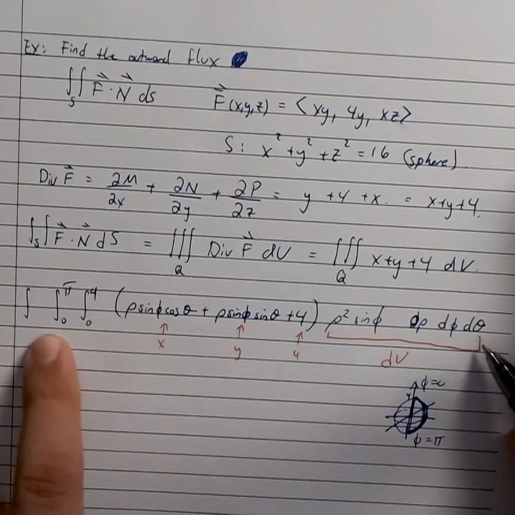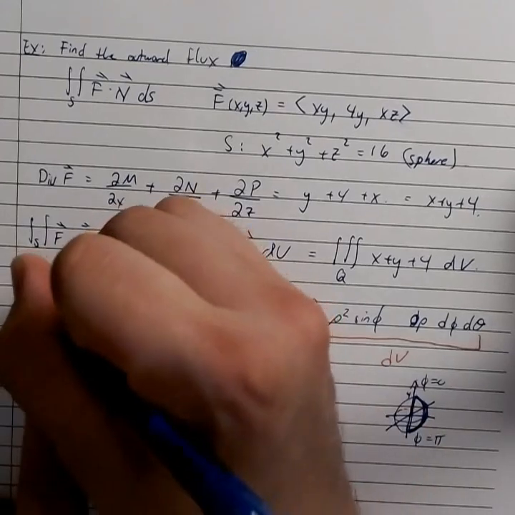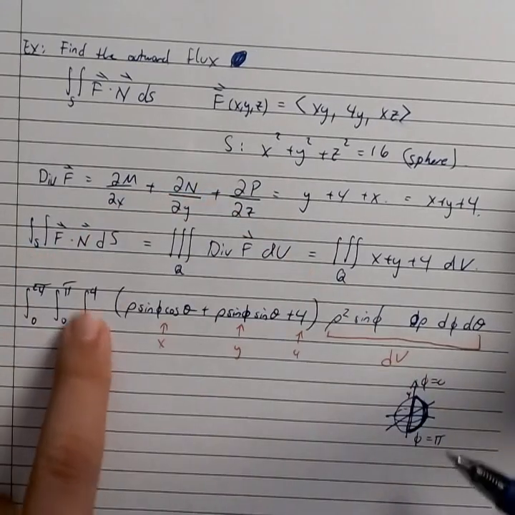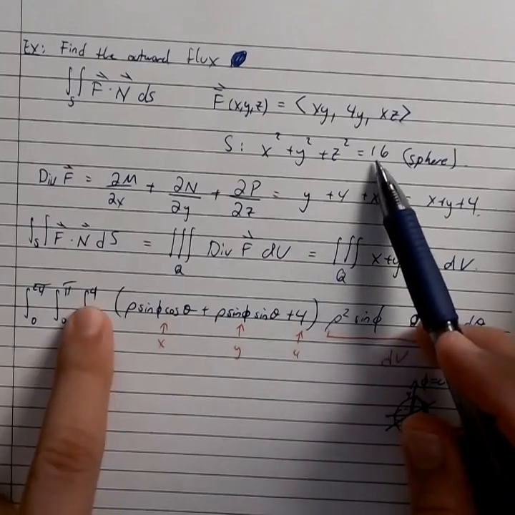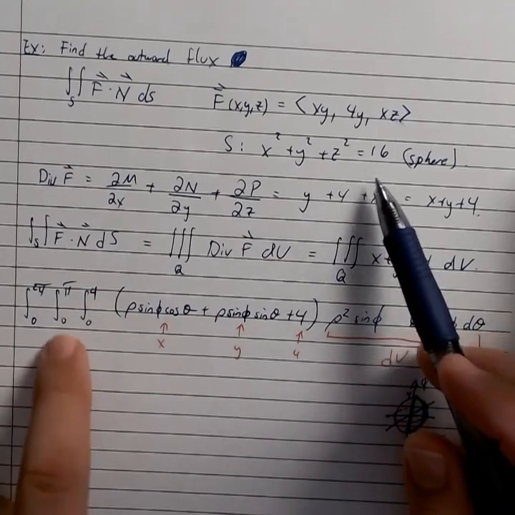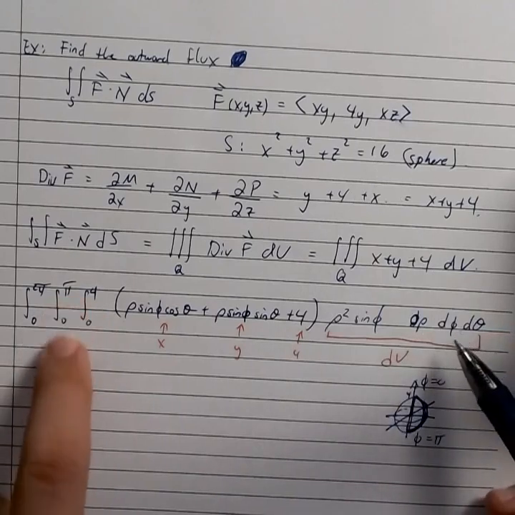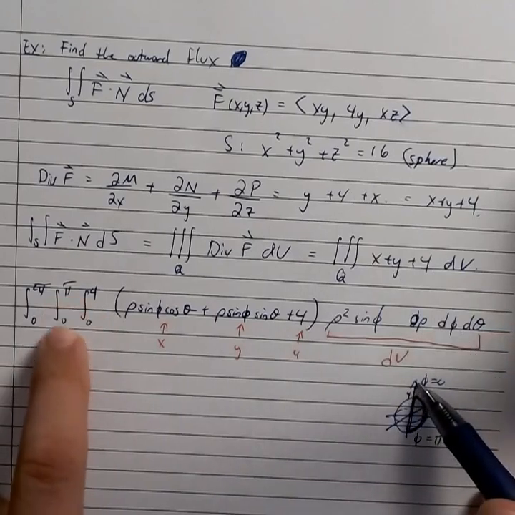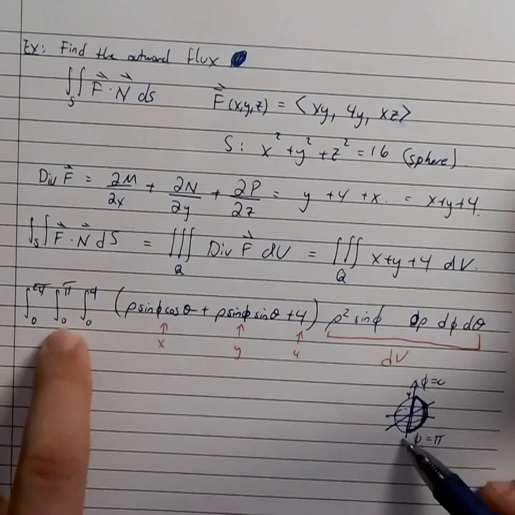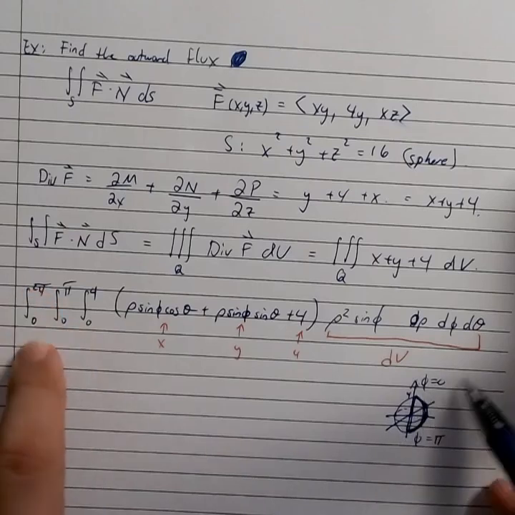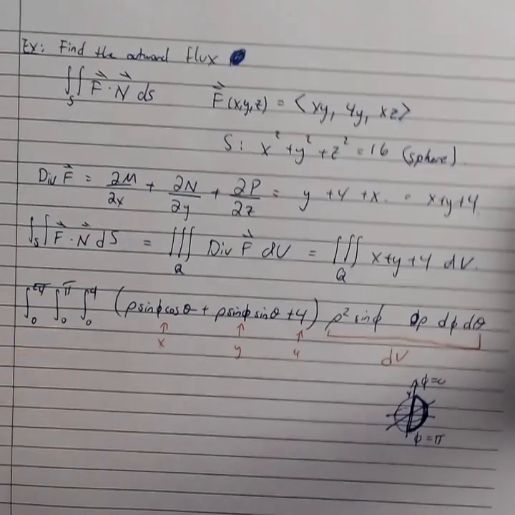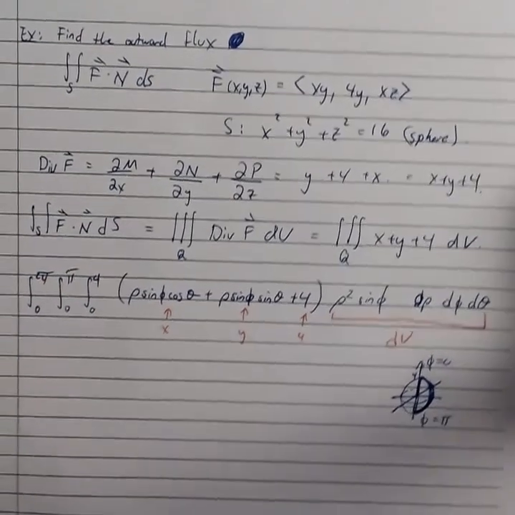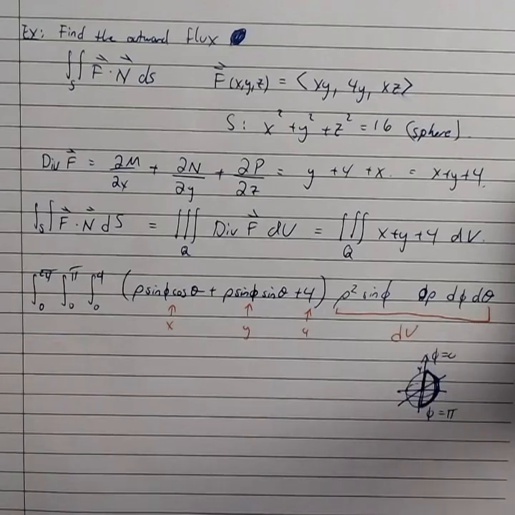Theta, just like in polar coordinates, is going to go from 0 to 2 pi. So 0 to 4 gets me the right radius all the way from the pole up to the sphere of radius 4. Phi from 0 to pi gets me from the north pole down to the south pole. And then 0 to 2 pi for theta spins this all the way around to give us a full sphere. Okay, so now we can integrate this stuff.